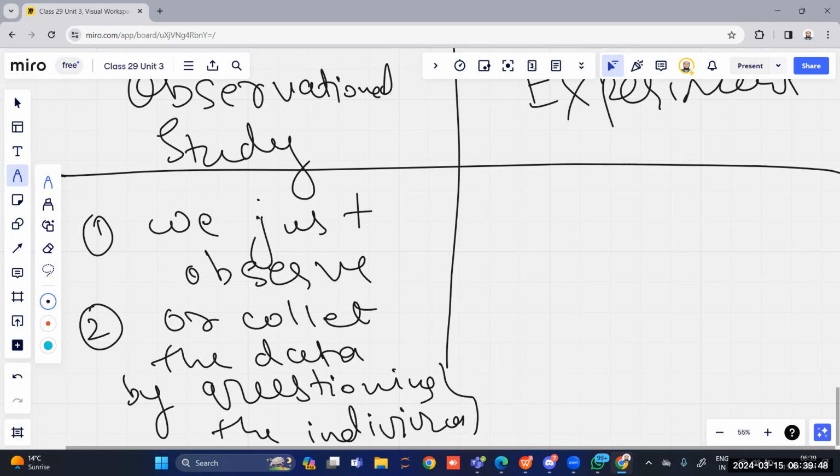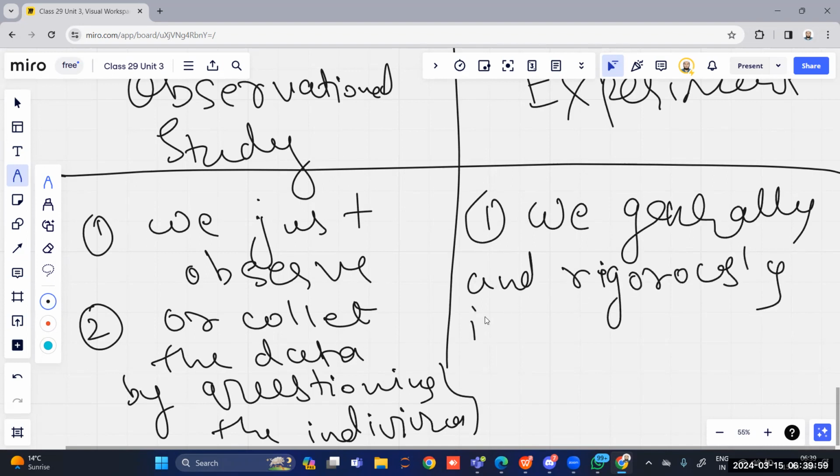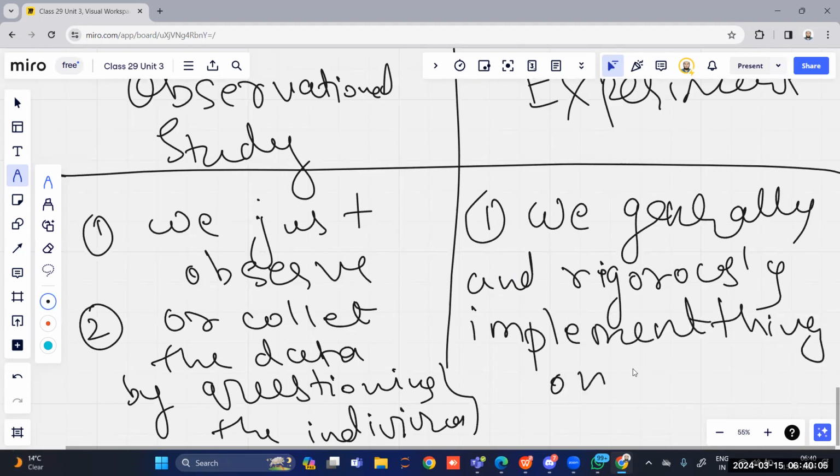But what's in an experiment? We generally and rigorously implement things on the individual.